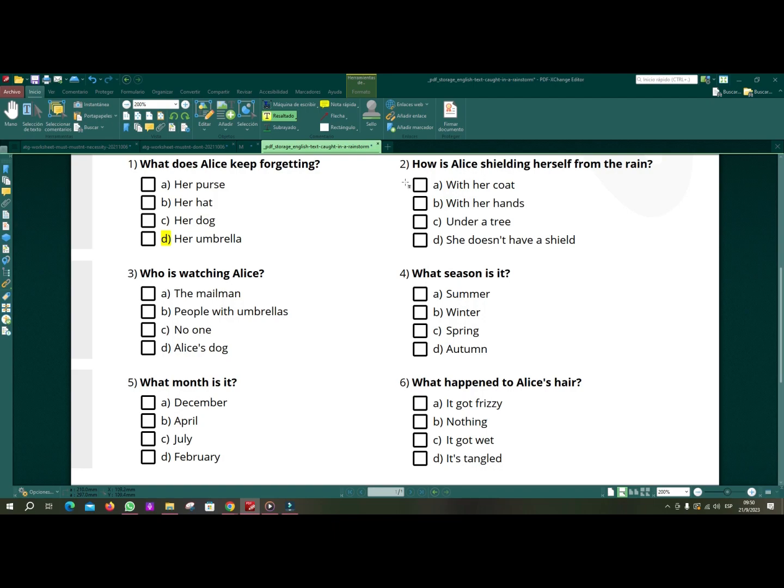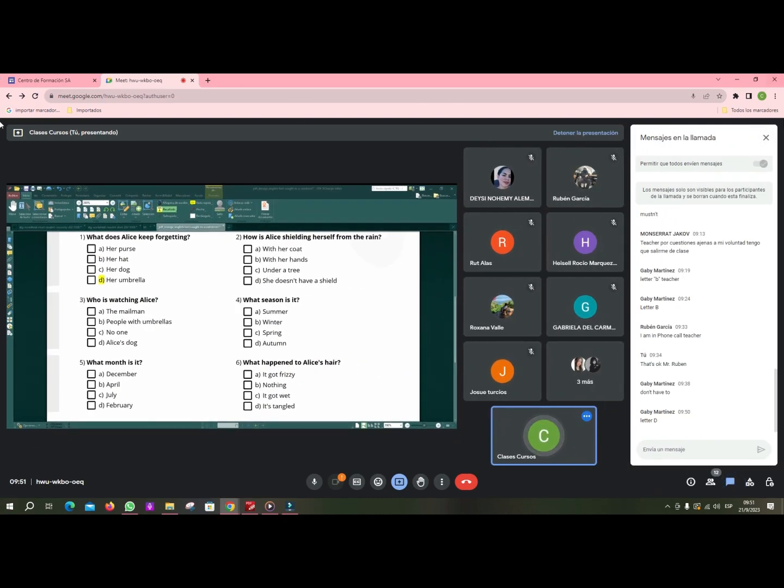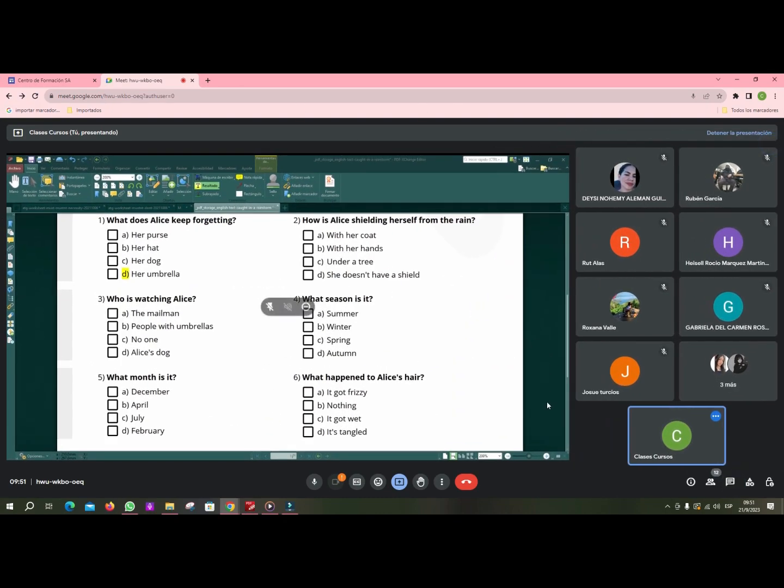That is letter D. Her umbrella. Excellent. Perfect. What do you think about the number 2? How is Alice shielding herself under the rain? A, B, C, or D? Which could be the answer? Letter? Which letter? Miss Daisy?